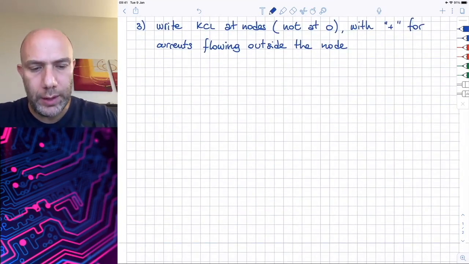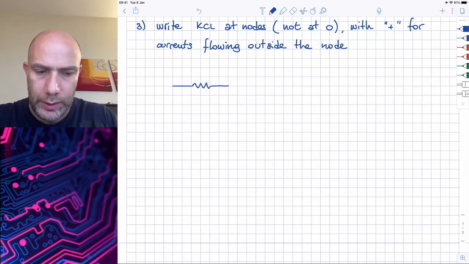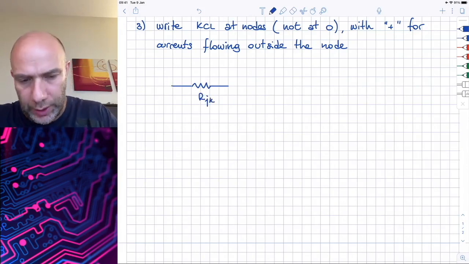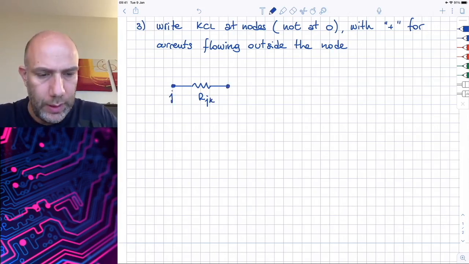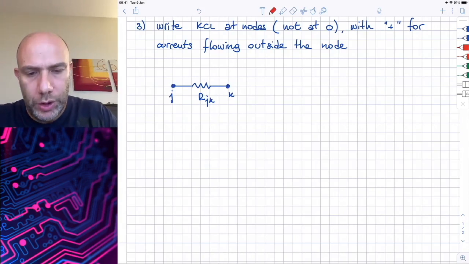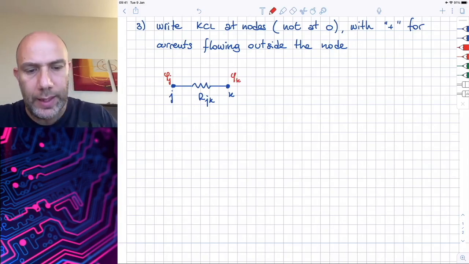In order to write Kirchhoff current laws, let's consider the components that we have in the circuit. The first one is a resistor. The generic resistor between node J and K is called RJK. And let's call the potentials phi J and phi K, and the current that is flowing inside this resistor is IJK.